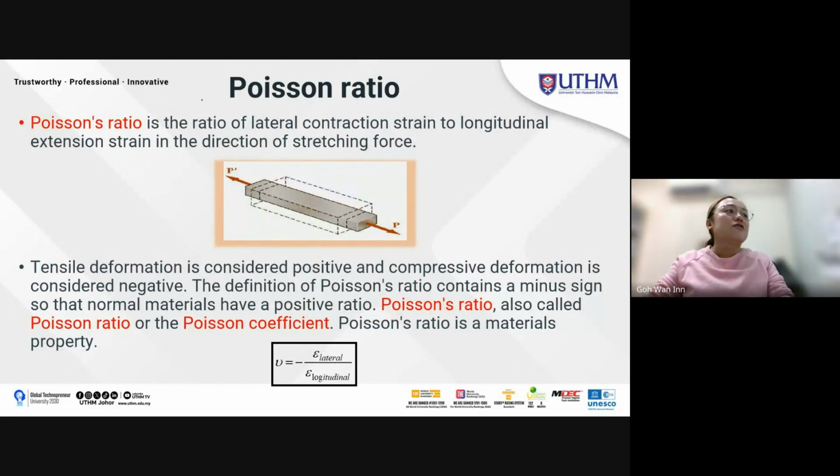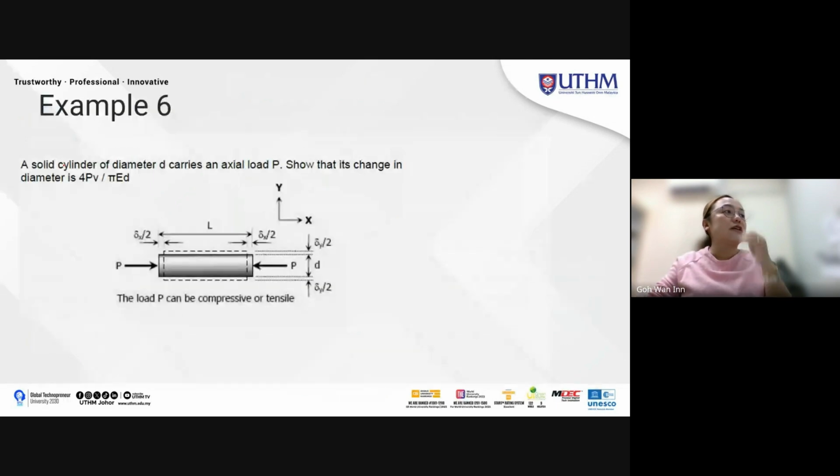Poisson's ratio is the ratio of lateral contraction strain to longitudinal tension strain in the direction of the stretching force. Looking at this formula, it is lateral over longitudinal. For an example, a solid cylinder of diameter D carries an axial load P. Show that its change in diameter is 4PV over pi ED.